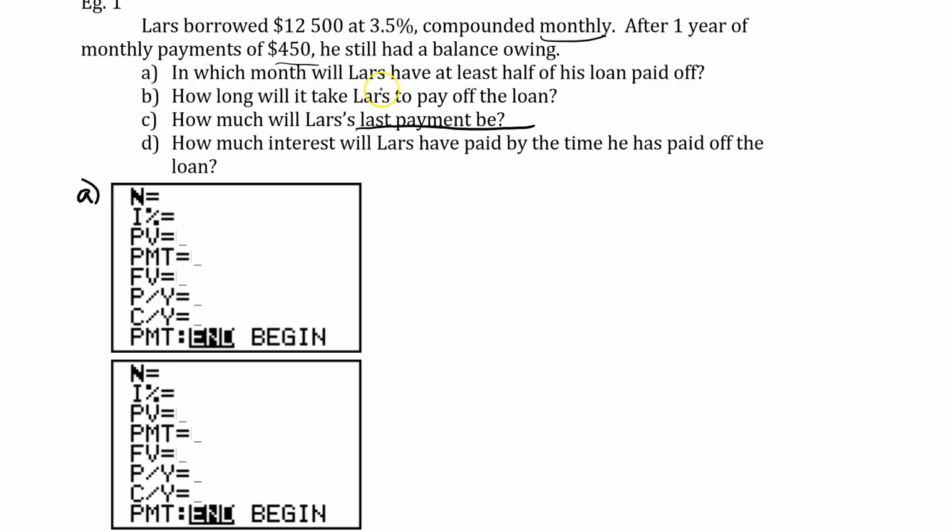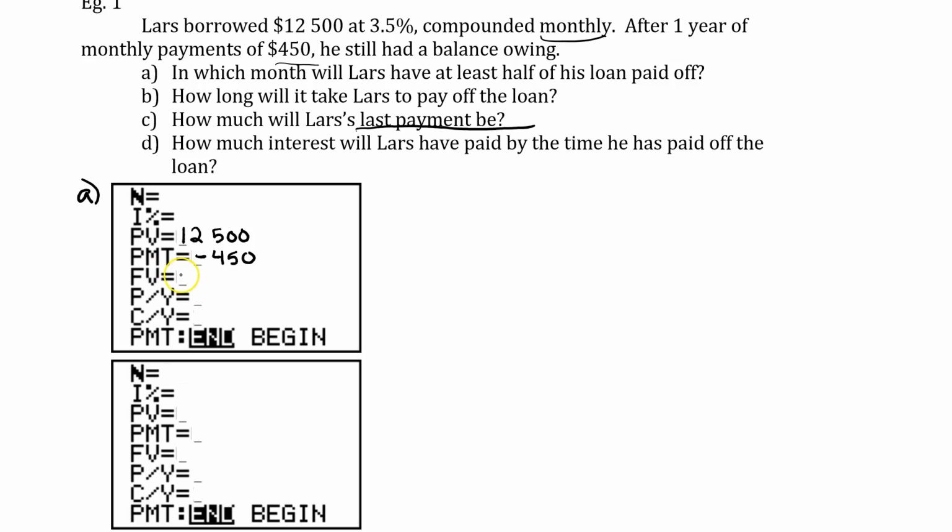In which month will Lars have at least half of his loan paid off? So we know that the present value, the initial value of the loan is going to be 12,500. Now we're going to keep this positive, which is different from before because it's actually money that is coming to us because we're borrowing that money. Payments, we know that they are $450 a month, and again, that money is going away from us, so we're using a negative value.